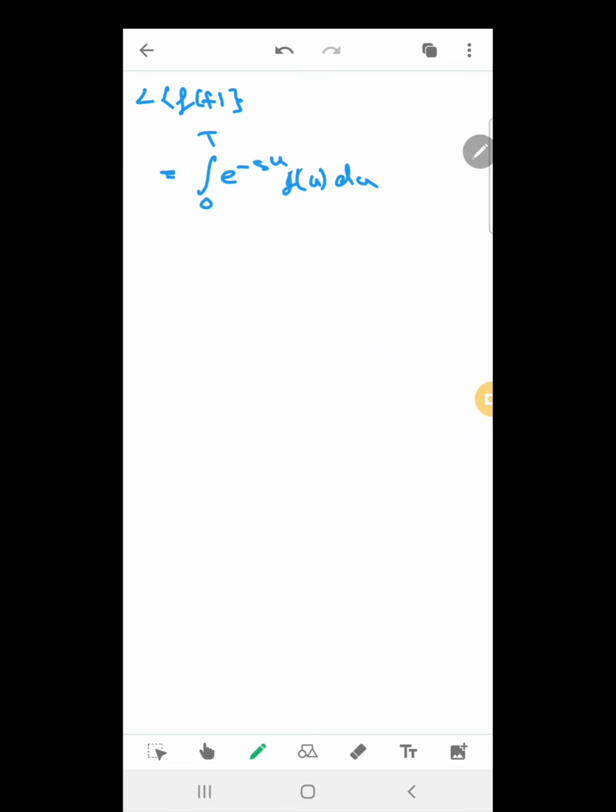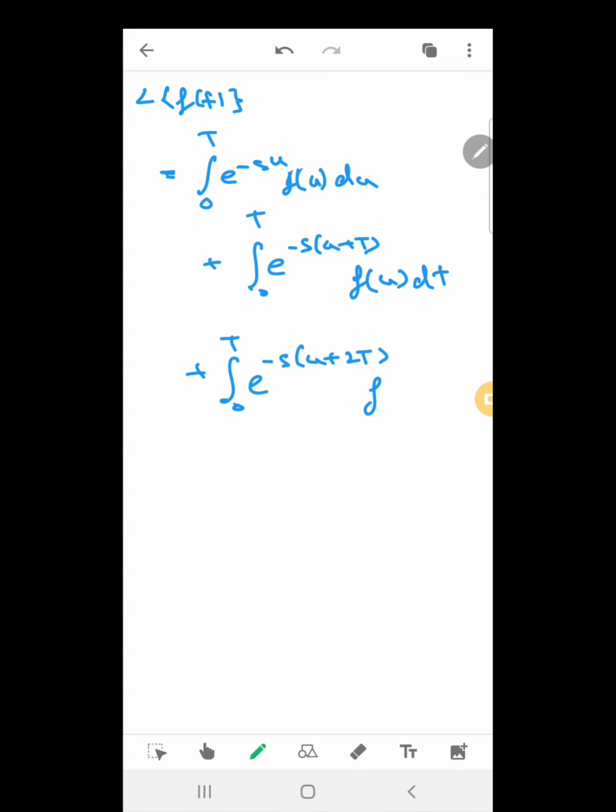Then the next integration becomes 0 to T e to the power minus s times u plus T, f of u plus T. Now f of u plus T is the same as f of u, because f is a periodic function with period T. Plus, integration from 0 to T of e to the power minus s times u plus 2T, where f of u plus 2T equals f of u, du, and so on. From here we get the Laplace transform of f of t equals integration 0 to T e to the power minus su f of u du, common.